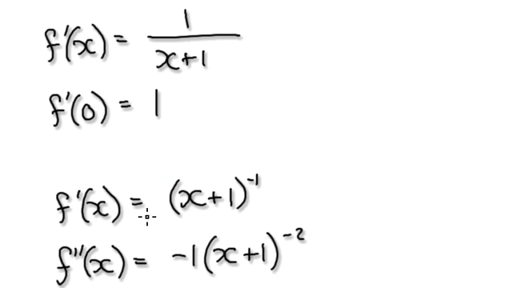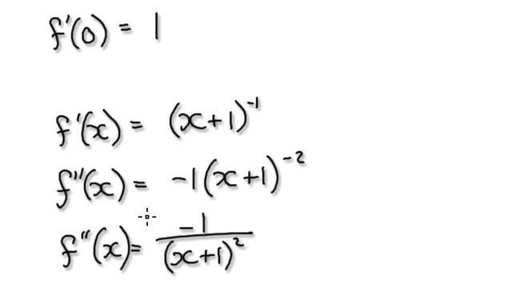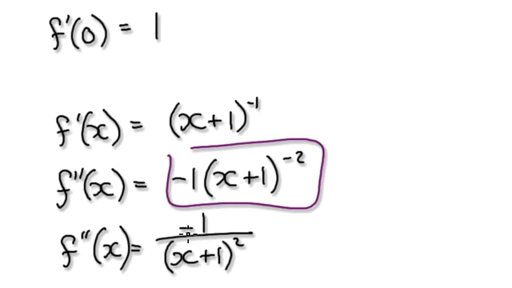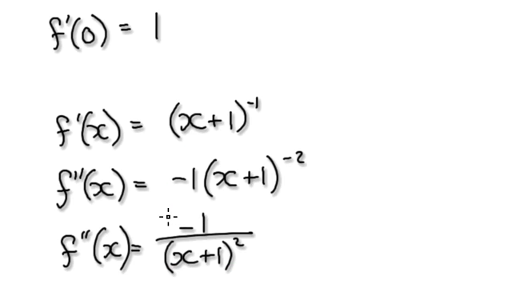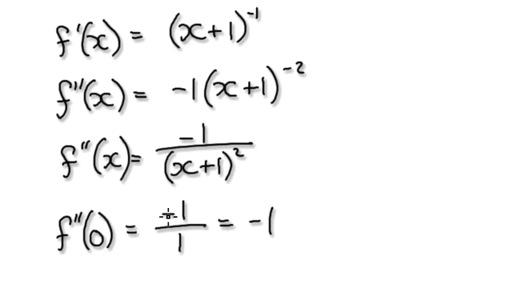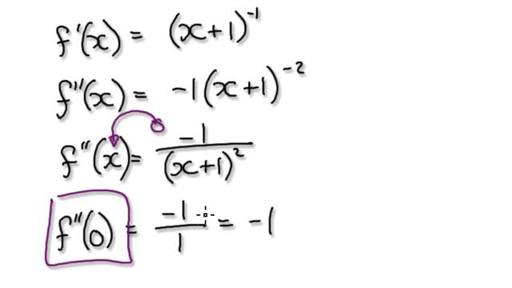But then we need to evaluate it at x equals 0. Once you tidy up, that will give you this here. We've got to put 0 into here. When you put 0 into here, f double prime at x equals 0 is -1.